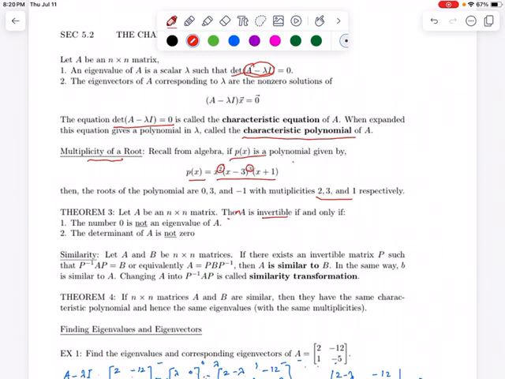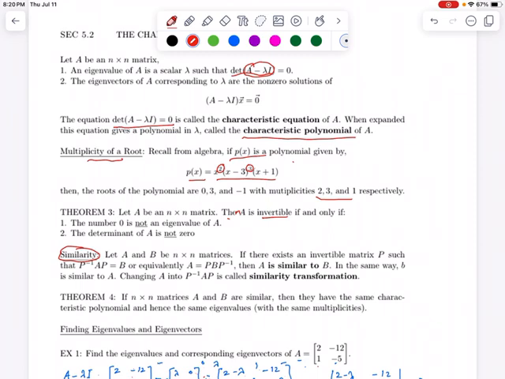Okay, so what are similar matrices? This is maybe a new thing that you are seeing here, similarity or similar matrices. Let A and B be n by n matrices, so A and B are square matrices of the same order.